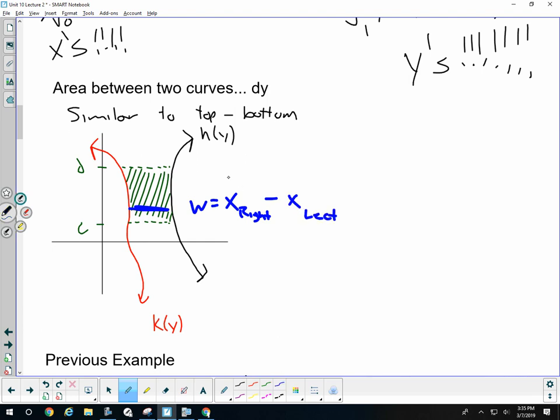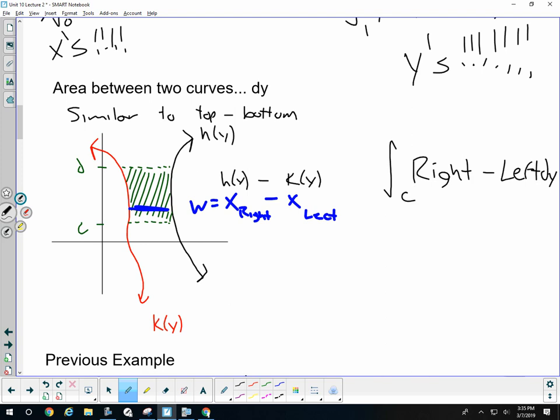Well, the x distance from the right is h of y in this case, and the x distance from the left is k of y. So similar to top minus bottom, our integral using horizontal rectangles is going to be a right minus a left, dy.